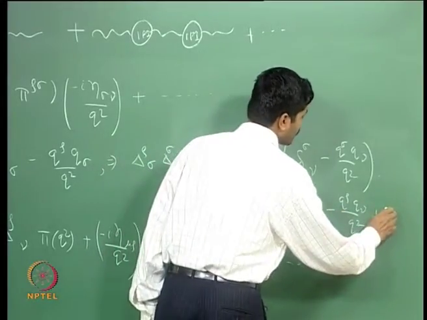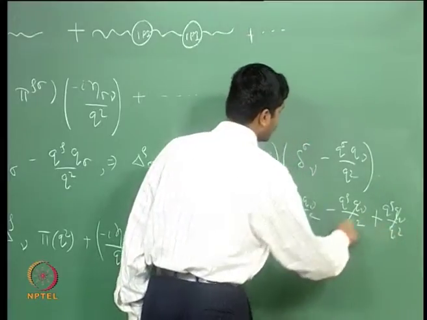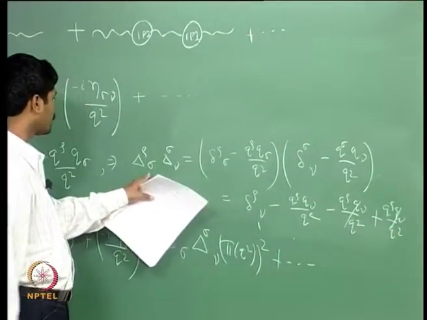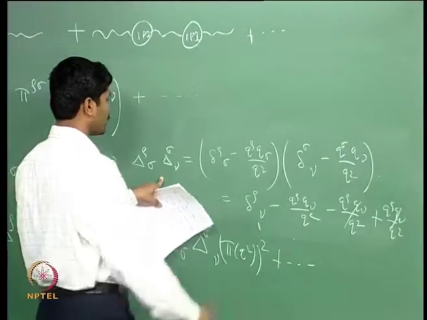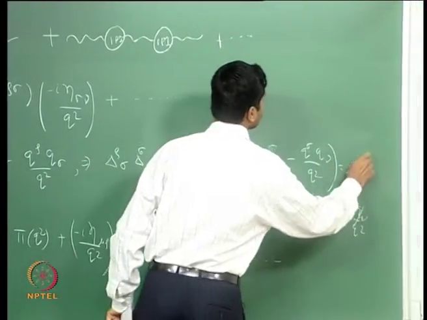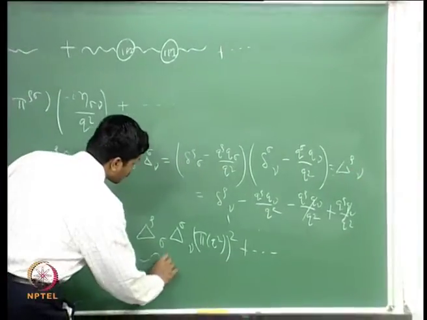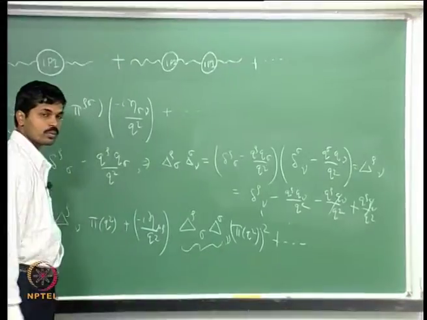So, this will be plus q rho q nu divided by q square, this will cancel, and as a result this is merely given by delta of rho nu. So, this quantity here is simply delta of rho nu.